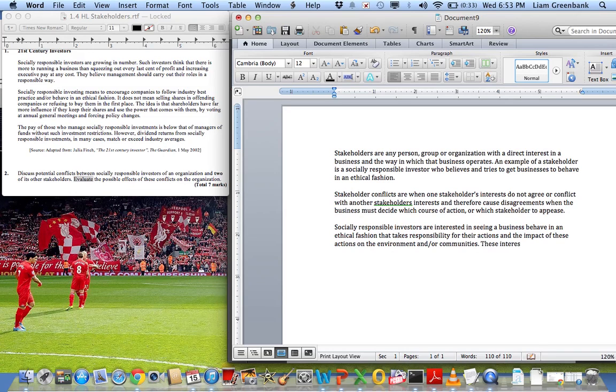These interests may conflict with, let's pick a stakeholder.